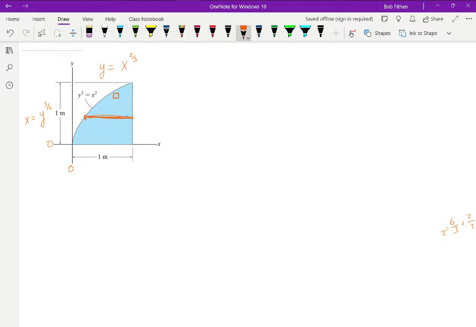And if you compare what he did, this is a dy, and that d area there is going to be the distance from here, or 1 minus that distance, and that distance is the x, and that x is the y to the 3/2, and that's the dy.